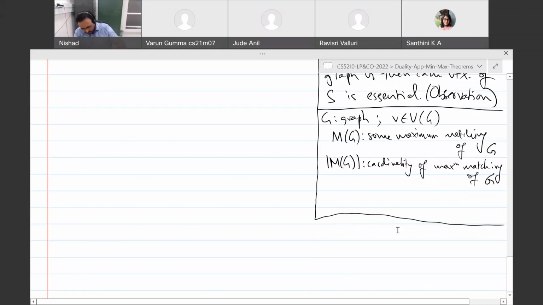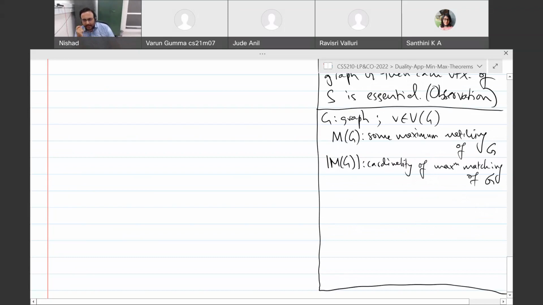So the observation I want to make is the following. Consider any vertex of the graph. What happens if you delete this vertex? I want to relate the cardinality of a maximum matching in G minus v with the cardinality of a maximum matching in G. Can someone tell me how these two are related? Can they be very different from each other?